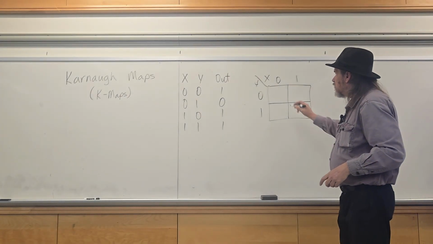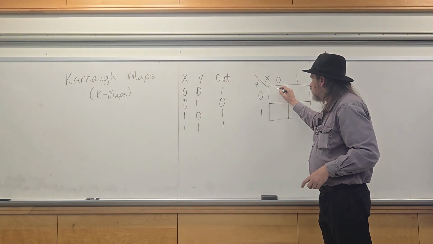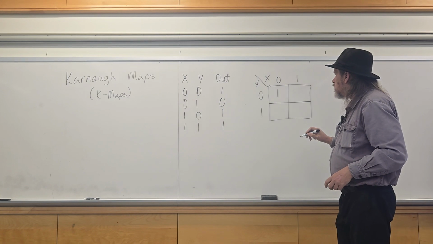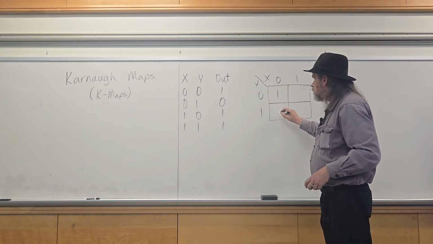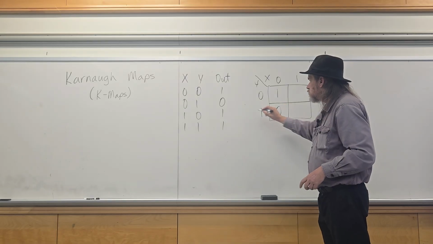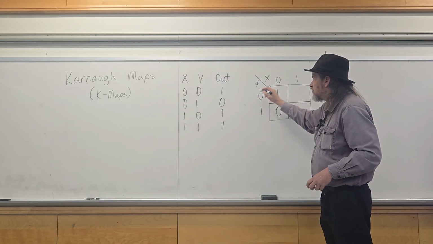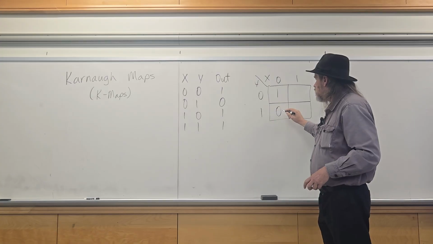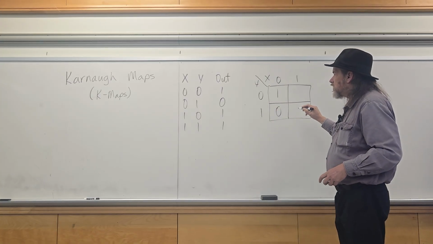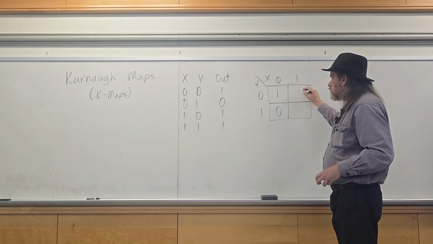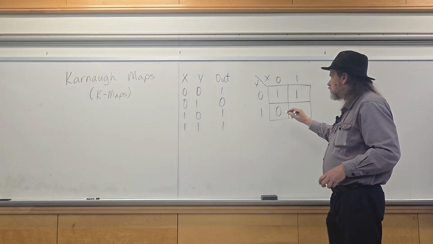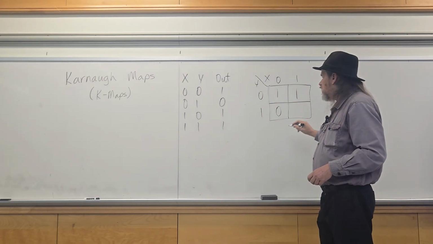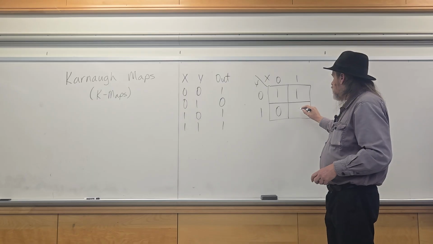So 0, 0 is a 1, 0, 1 is a 0. 0 on the X, Y is 1, put a 0 here. X is 1, Y is 0, put a 1 for this one, and 1 and 1 here.